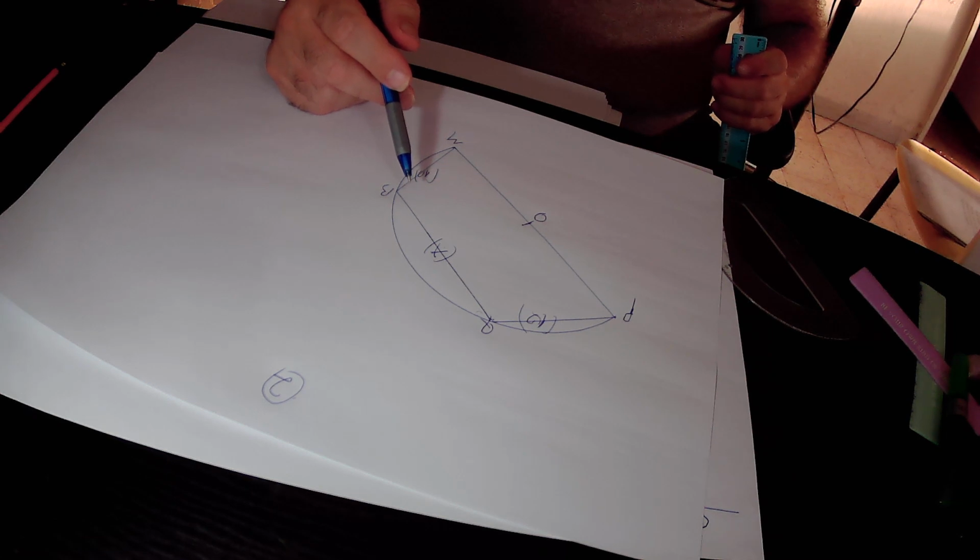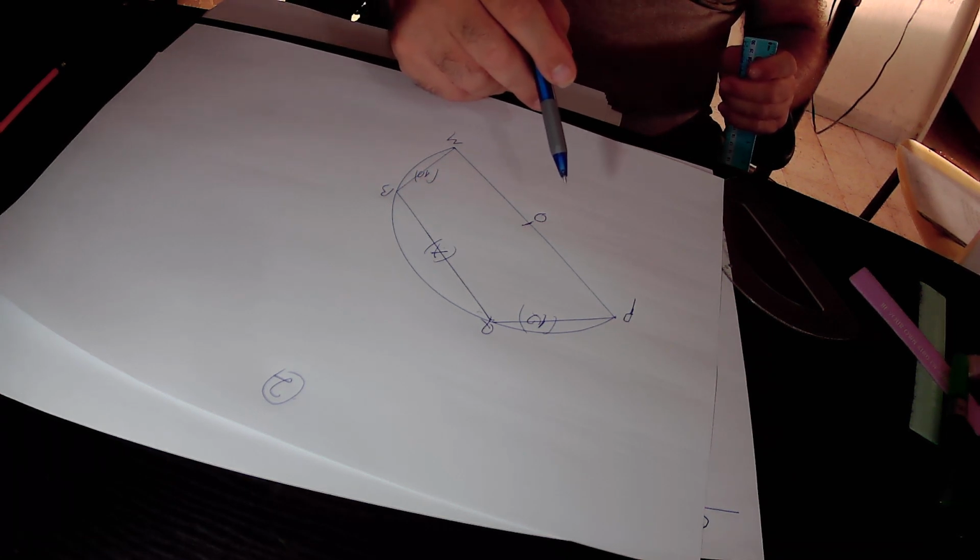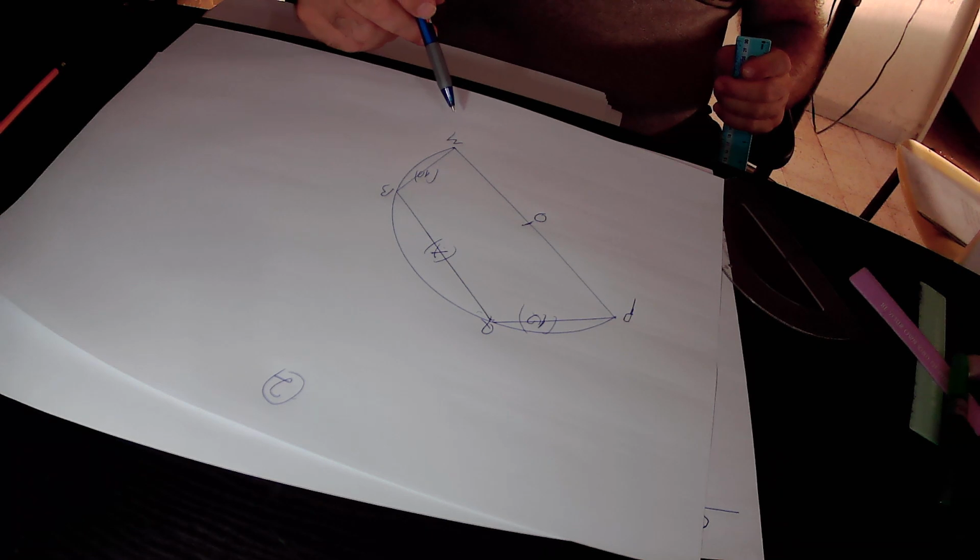In the next step, we will extend line segment PQ and line segment MB by a straight line until they touch each other, until they intersect with each other.